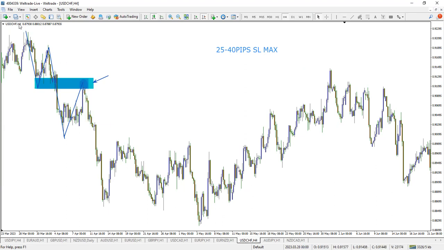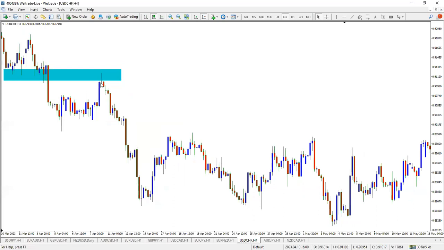So this is my 4-hour time frame, which means there is a chance for me to go down to my smaller time frames, my M15, my M30, my H1, to look for reversal candlesticks inside of here. So let's quickly go down to a smaller time frame to see what kind of candlestick pattern we would find. On the H4, you would find this very clean pin bar.